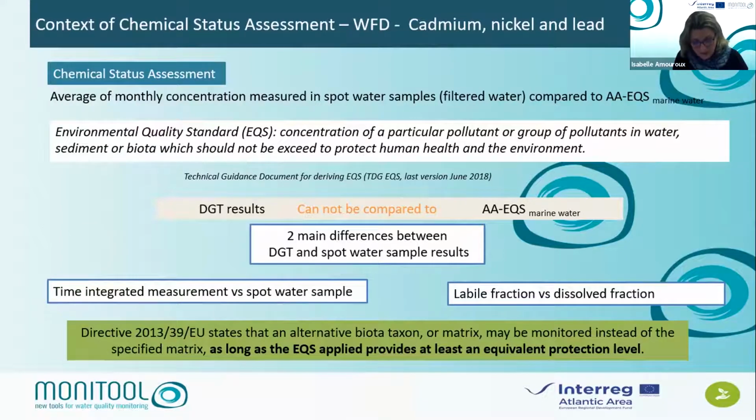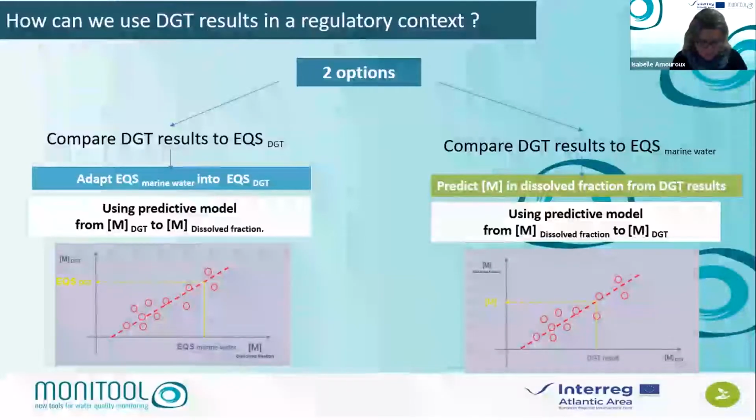Thus, comparing DGT result to EQS may not be as protective as comparing a result acquired with filtered water to EQS. So according to the WFD, it is possible to adapt EQS for other taxon or metrics, but in this case, it must be as protective as the EQS defined in marine water.